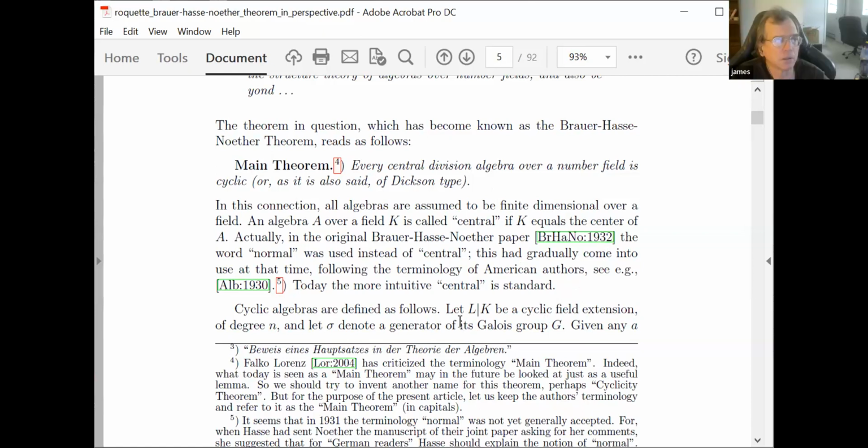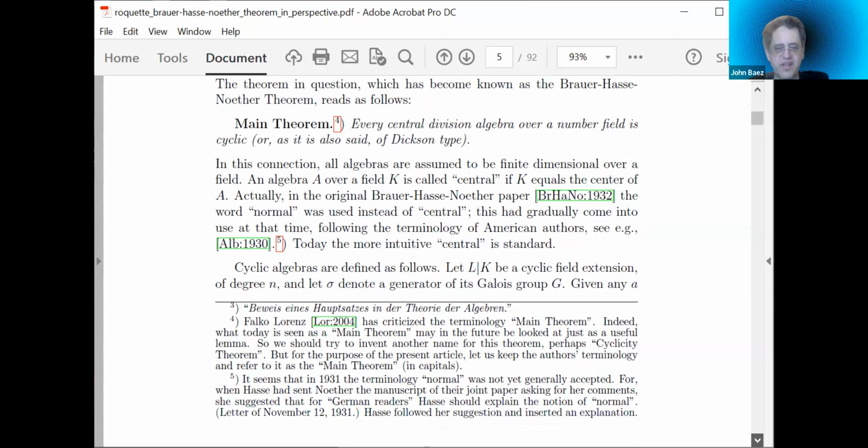Yeah. Okay. So here we go. Suppose L is a cyclic extension of a field K. I guess it's a finite cyclic group with n elements, and let sigma be the generator of the Galois group. Yes. But then we're going to build a central division algebra over the little field K from this data, and a bit more data.